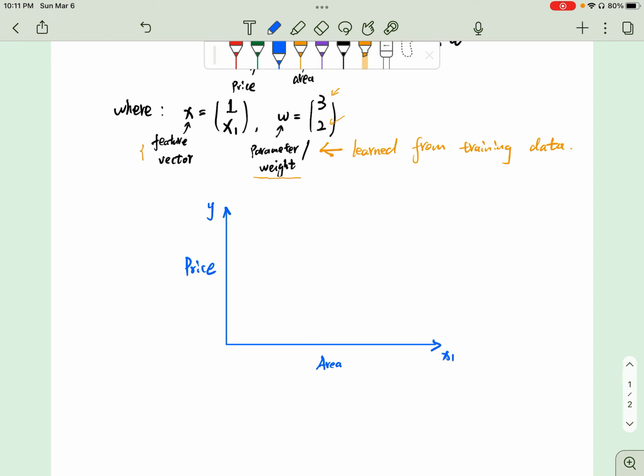Next, let's suppose our training sample is something like this. As the area of a house increases, the price will also increase. We have these training points here, so you can see how I can fit a line to this. Maybe the line is like this.